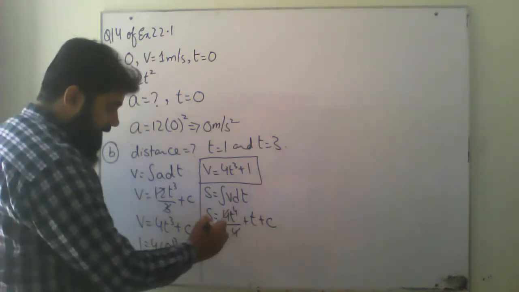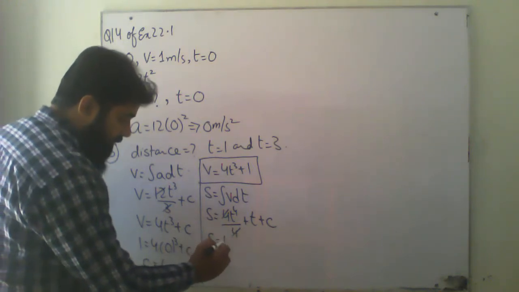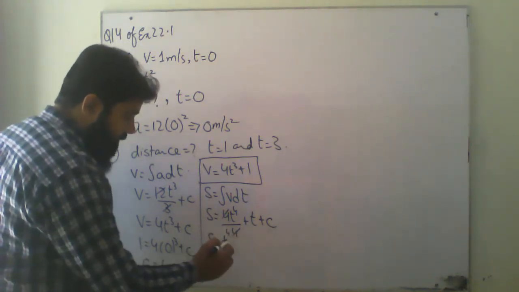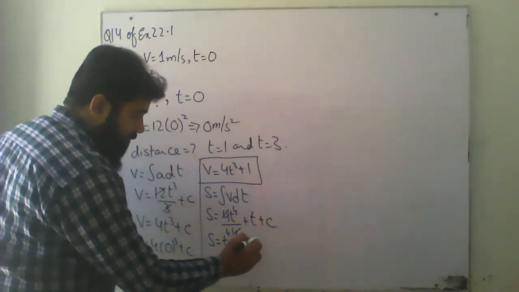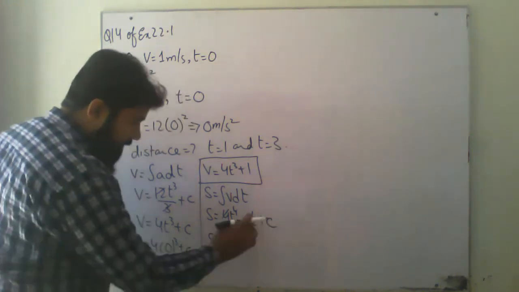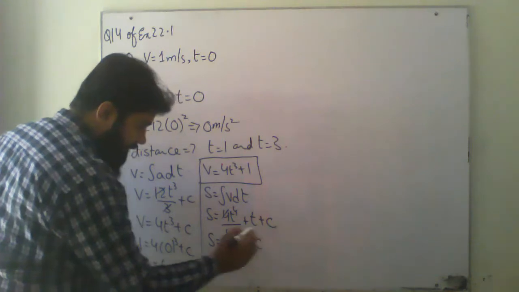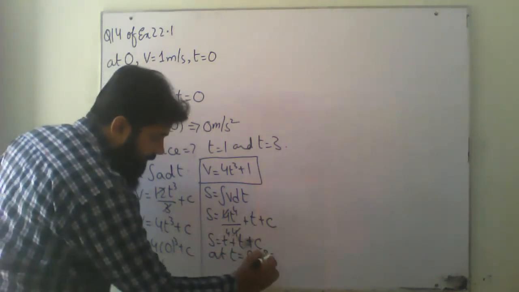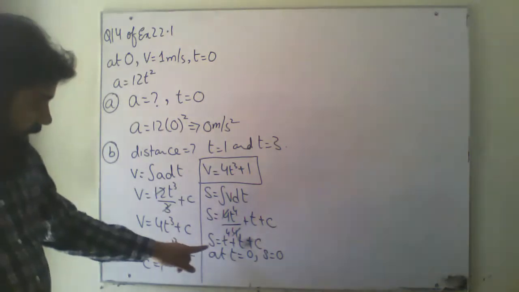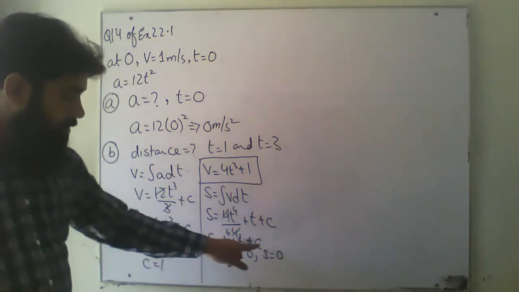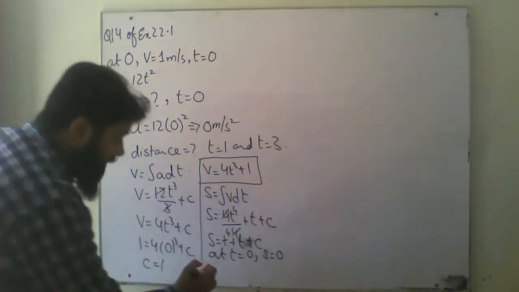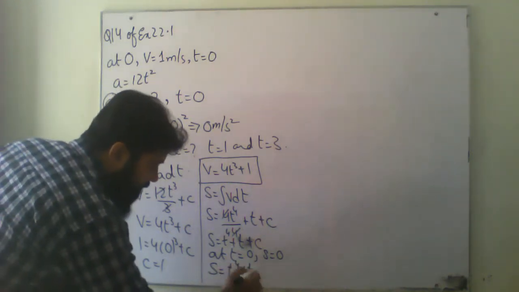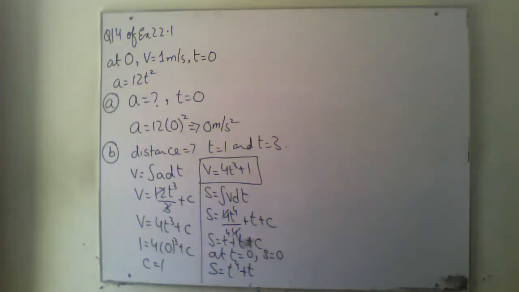Cancelling these two, s equals t power 4 plus t plus c. At t equals 0, s will be equal to 0. So when I plug in s equals 0 and t equals 0, c will become 0. So the value of s in terms of t is t to the power 4 plus t.